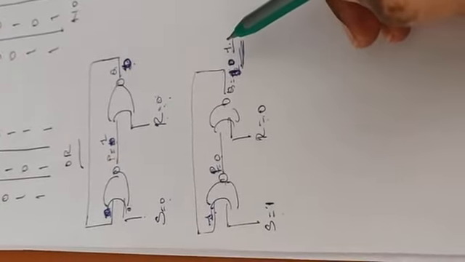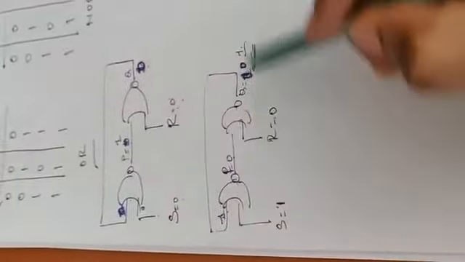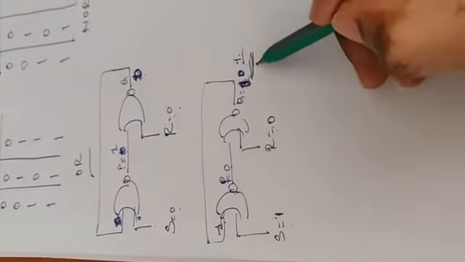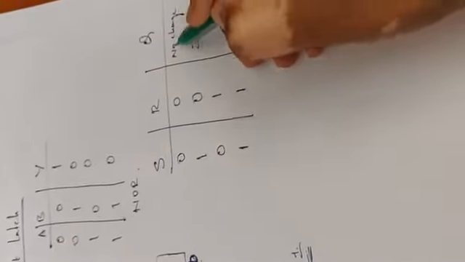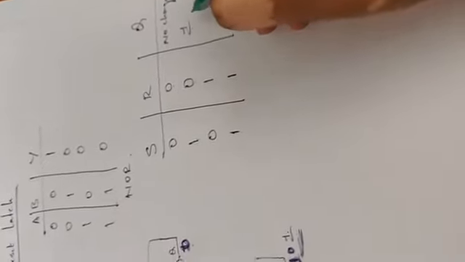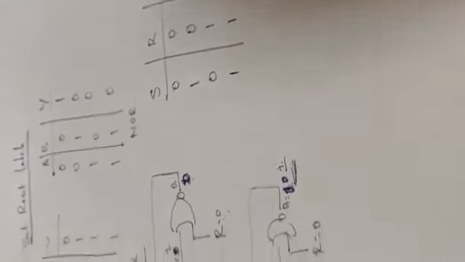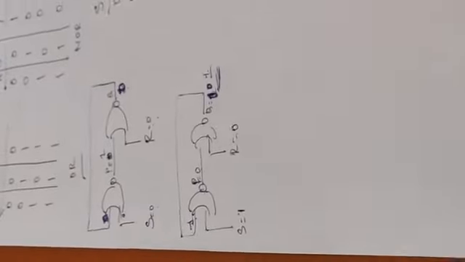You remember, right? So after that, everything will be set. Q will be 1 itself. It never changes. So when S is equal to 1, R is equal to 0, whatever state Q might be, Q will change to 1. So this is the second state.